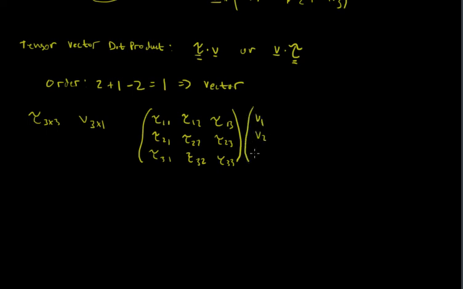So V1, V2, and V3. And then if you can imagine picking up this vector, rotating it sideways, and then multiplying this element by this, adding this element multiplied by this element multiplied by this, and that would give you the first row of the resultant vector. And then for the second row of the vector, you're going to get V1 multiplied by tau 2 1, V2 multiplied by tau 2 2, V3 multiplied by tau 2 3.